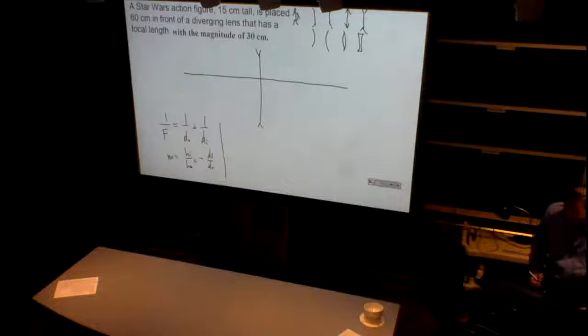For example, magnification equals something over 15. We don't know this. What else? Oh, no, actually. Yeah, we don't know that. And we don't know this, but the distance, 60 centimeters in front of, let's keep centimeters. And now, well, another equation.